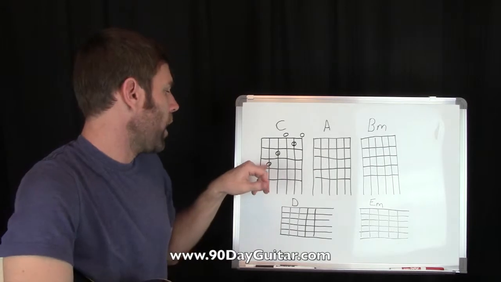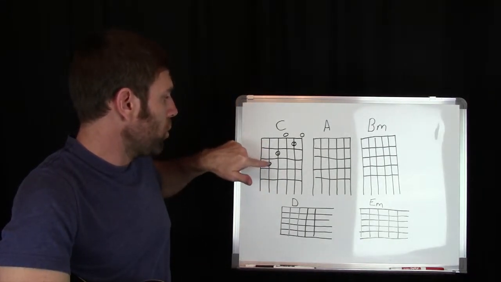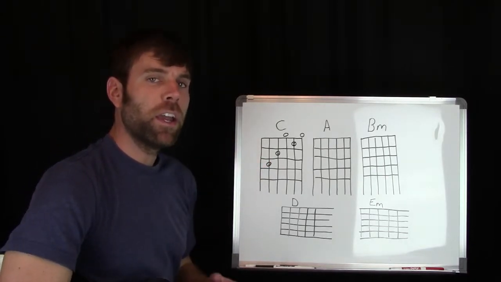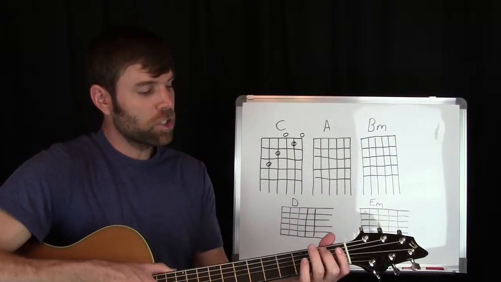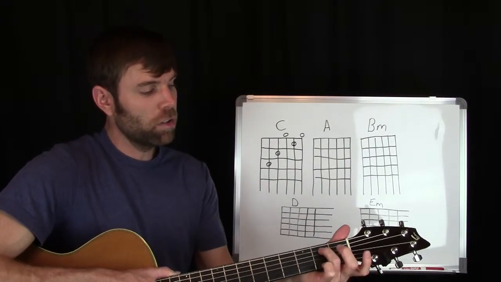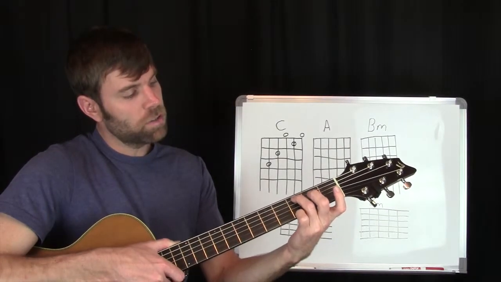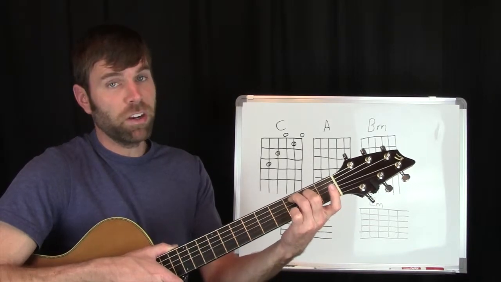And then the last one I have is on my 5th string, the 3rd fret, and I have a 3 in that dot. So that's going to stand for my 3rd finger going on the 5th string, 3rd fret. And then my 4th string is going to be 2nd fret with my 2nd finger.